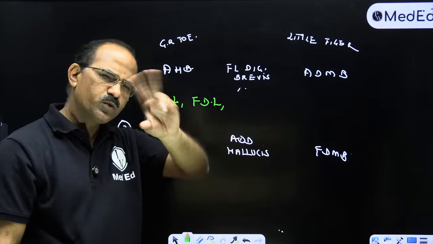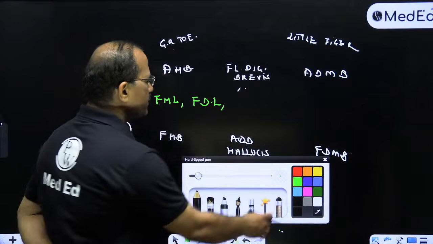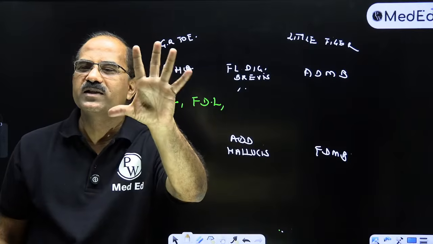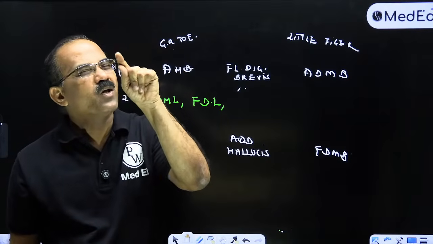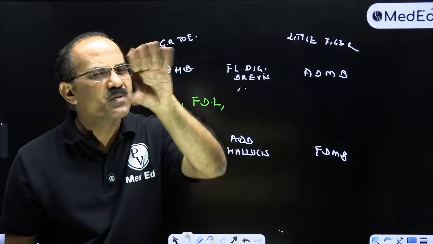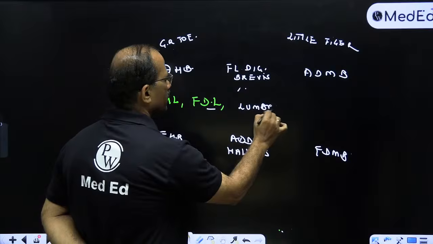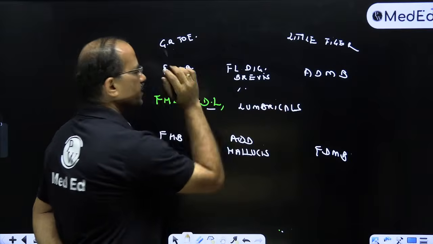And there are two intrinsic muscles here. Flexor digitorum longus is similar to profundus. And there are small worm-like muscles beginning from the tendon, named lumbricals.